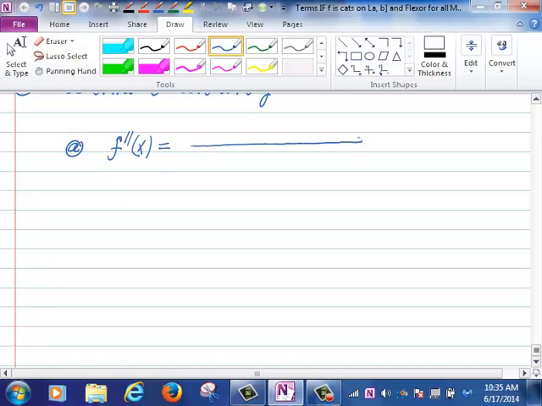So if you square that, what do you get? If you square that, you get 2 squared would be 4, and then the square of x plus 1 to the 3/2 would be what? x plus 1 to the 3, right? You have x plus 1 to the 3/2, so if you square that, that half goes away, right? Is everybody okay with that?